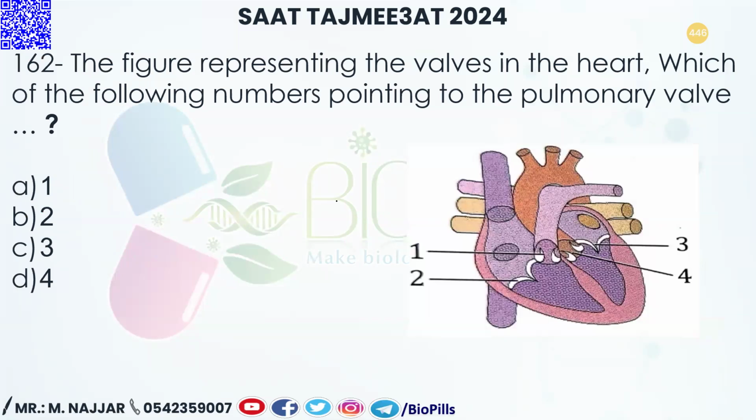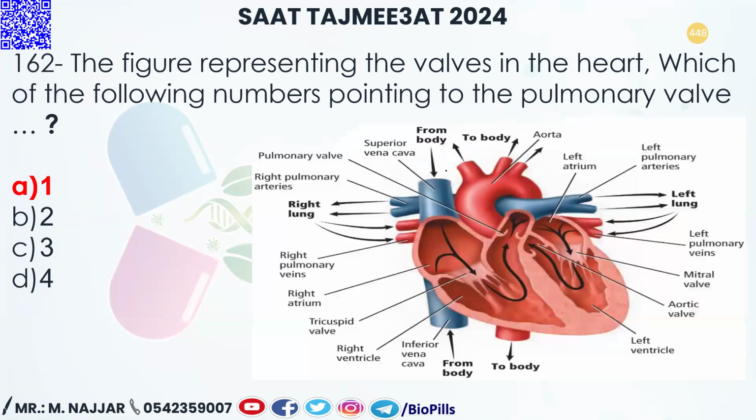The figure represents the valves in the heart. Which of the following numbers points to the pulmonary valve? Where is the pulmonary valve? You are right, it is 1. Let's go through them. The valve between the right atrium and the right ventricle is called the tricuspid valve.